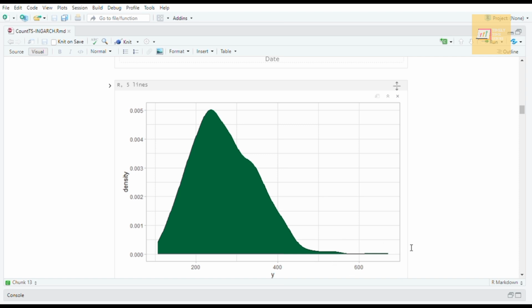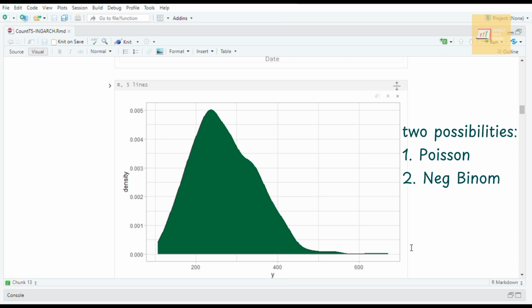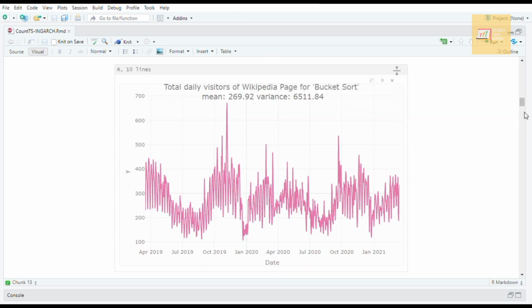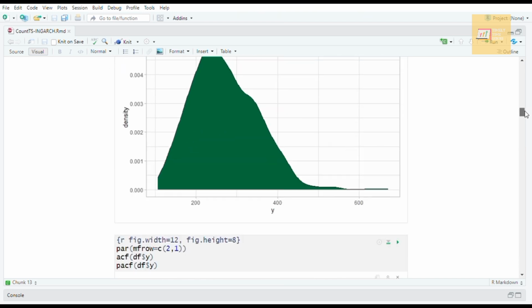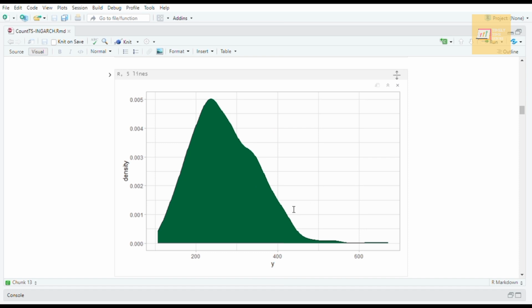Actually, looking at this histogram, we can assume a Poisson distribution for this time series, it's just that the rate would be high, or we can also assume a negative binomial distribution. So looking at this time plot and the histogram, we will use models that assume Poisson and negative binomial and compare them.